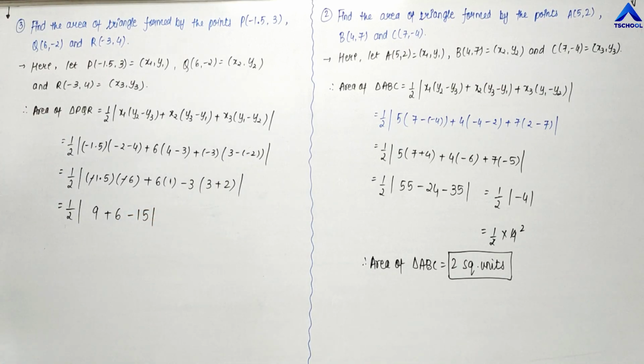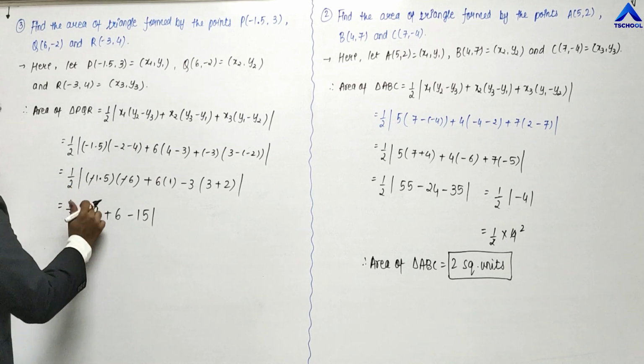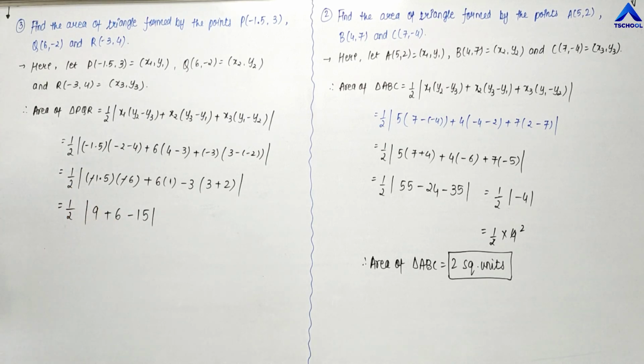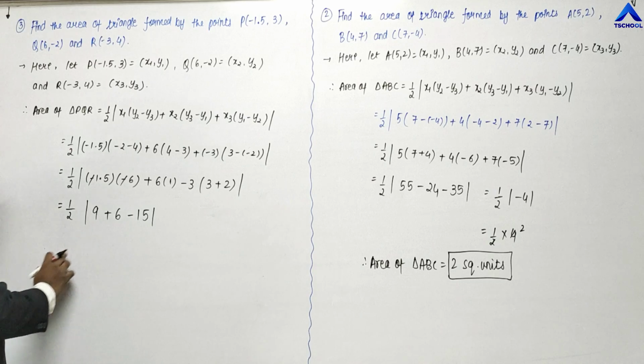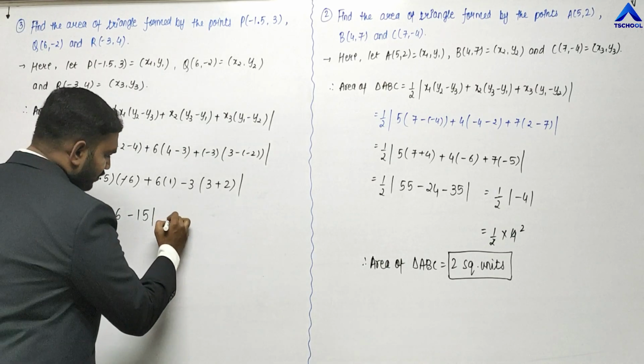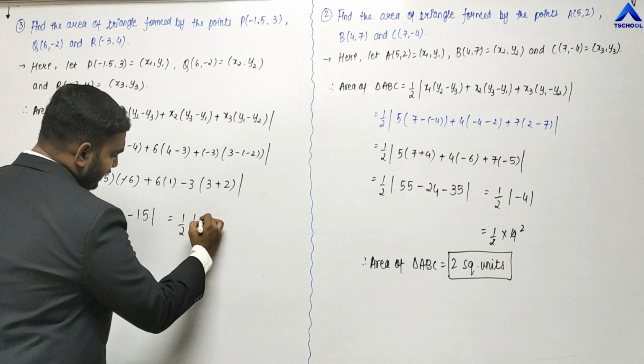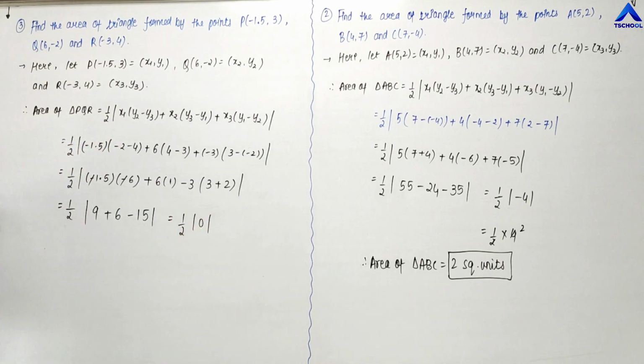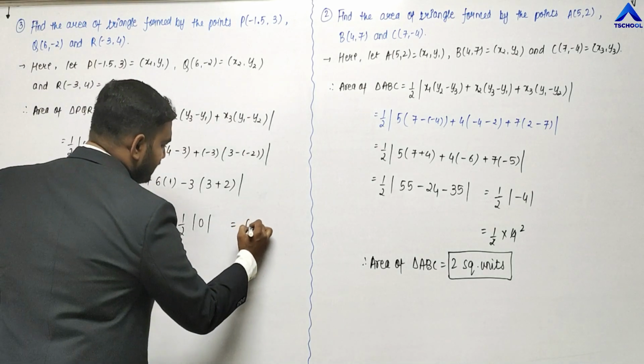So as you can see friends, if I add all these numbers, 9 plus 6 is 15, and 15 minus 15 is 0. So you can say that half into modulus 0. 0 is nothing, neither negative nor positive, so it is a neutral number, hence it is 0.